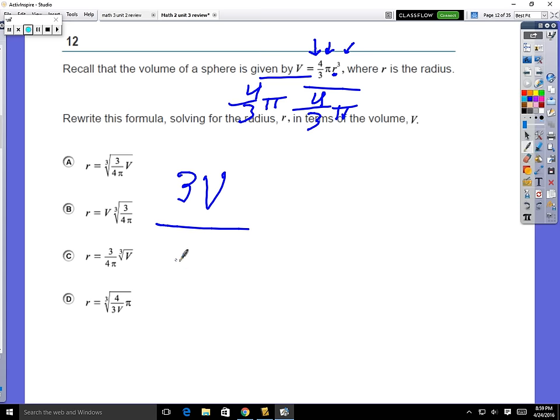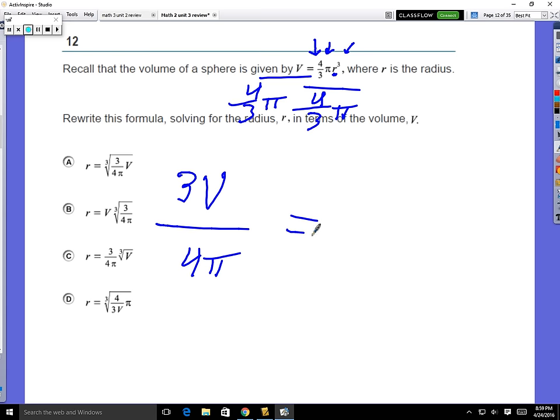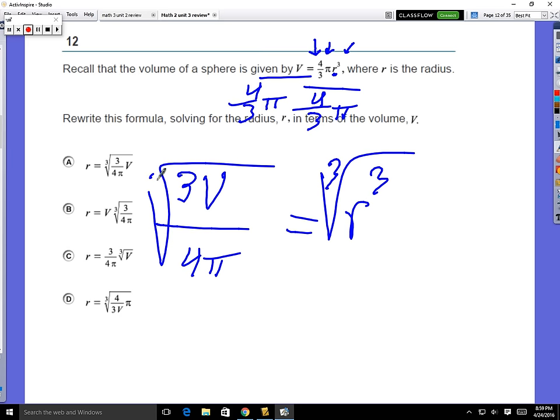So we gotta have 4 pi. Then over here you got r cubed. So let's ditch the cube. And how you undo a cube is you do cube root. So cube root of this. And let's see, does that match A, B, C, or D? It is going to match A. Because that is the same as V on top. You could put V over 1.